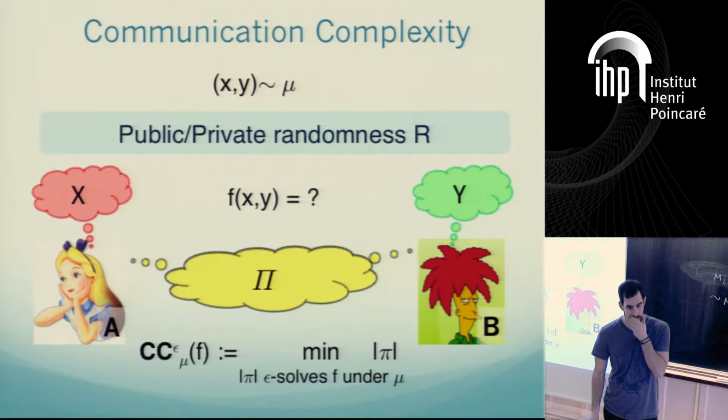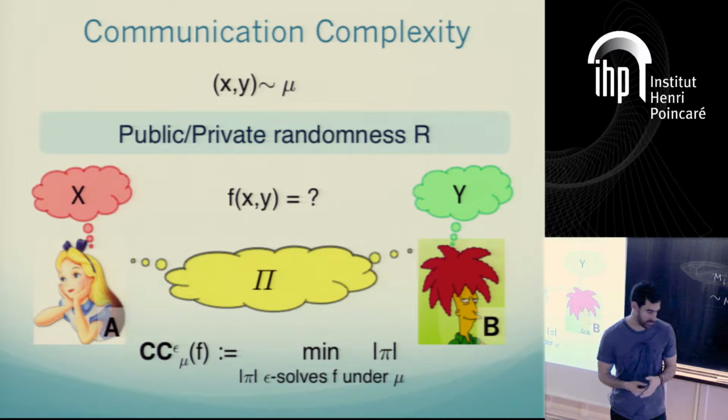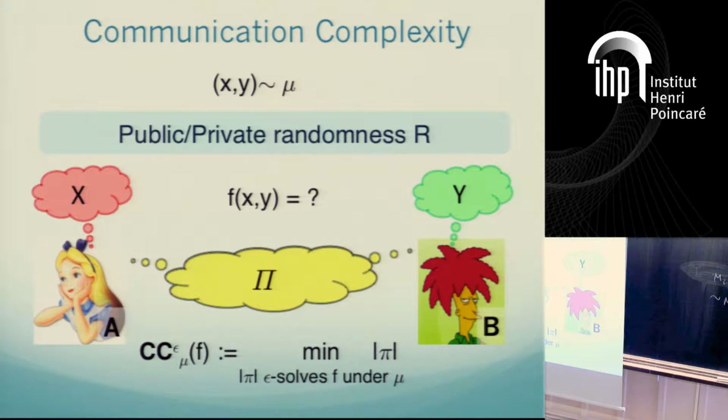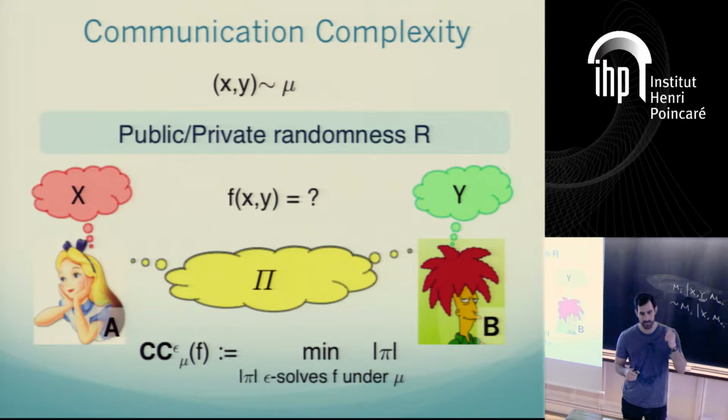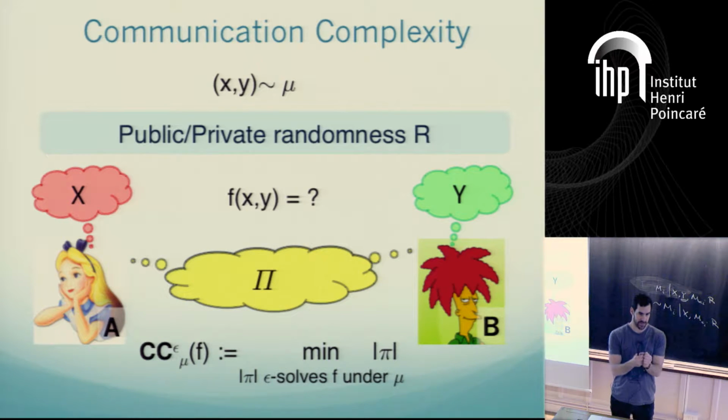Why can't the public randomness just be considered appended to the inputs and part of the distribution? I think that would be fine. Yeah, the way I like to think of it is that the main feature of public randomness is that it's independent of the inputs, right? So you can feel free to append it to the inputs.